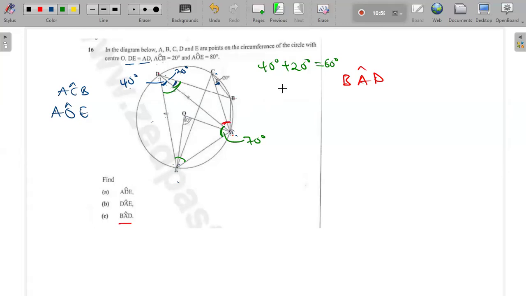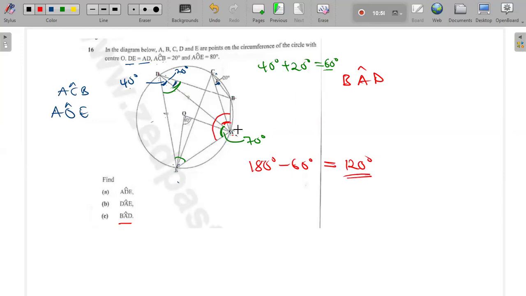So this angle here, which is 60, when we add it to this angle, must give us 180 degrees. So I'm just going to have 180 degrees minus 60 degrees, which gives me 120 degrees.